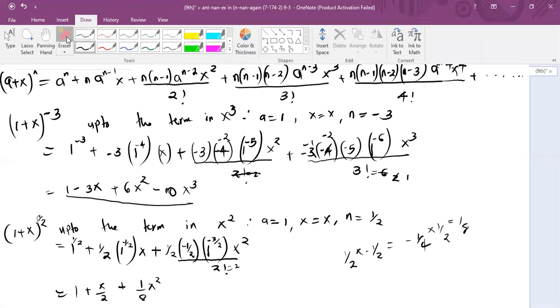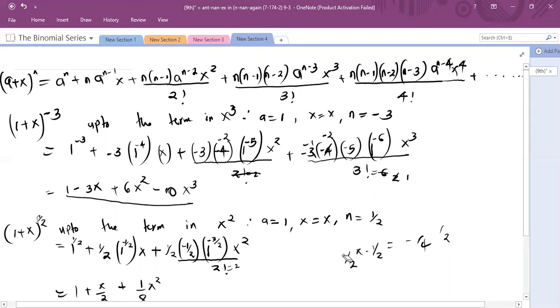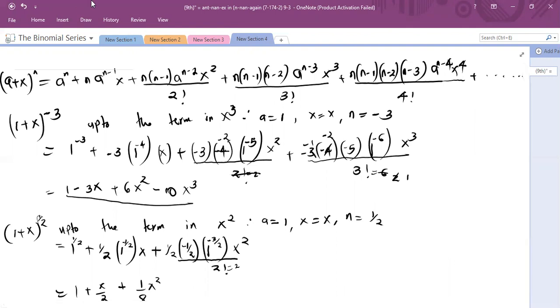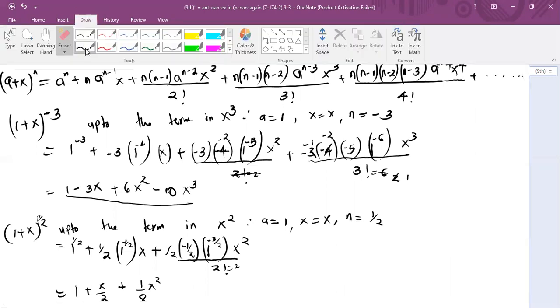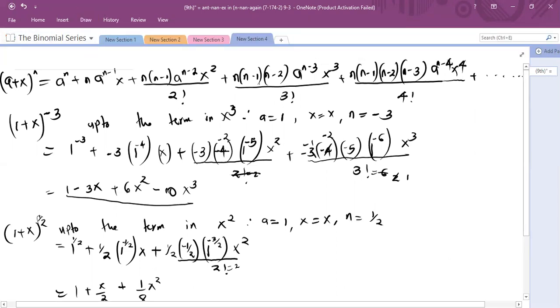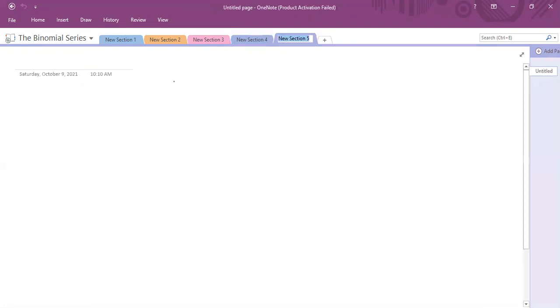Now, in some questions, you will be given the binomial expression written in the denominator. So let's say you have something like this. Should we write the binomial theorem again? So I think we can write it again.